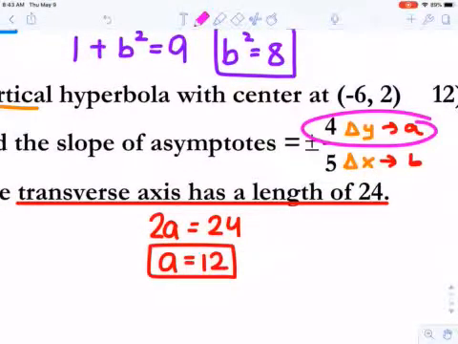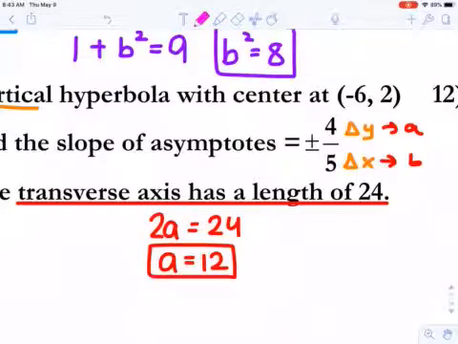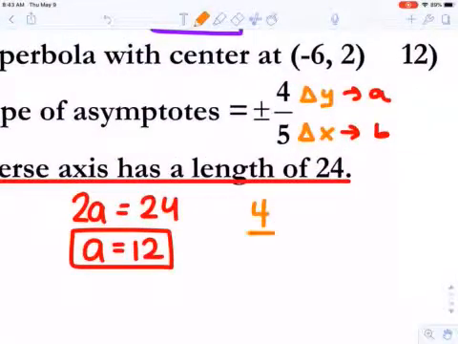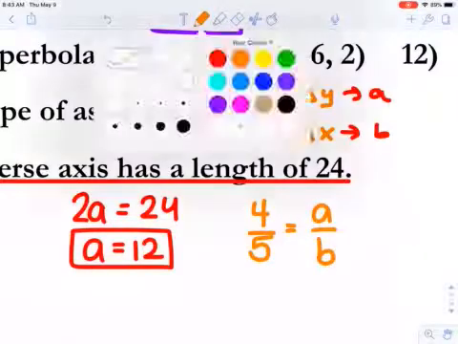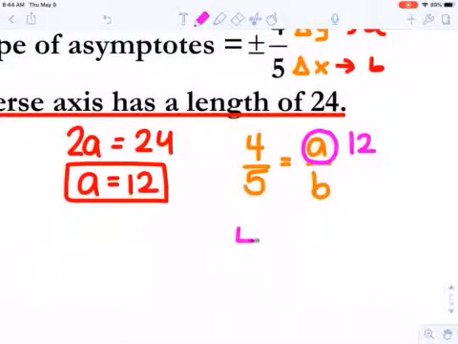But the slope of the asymptote is proportional to the a and the b value. So what I mean is this. If 4/5 is equal to a over b, but a is 12, then I actually can use the proportion to solve for b.